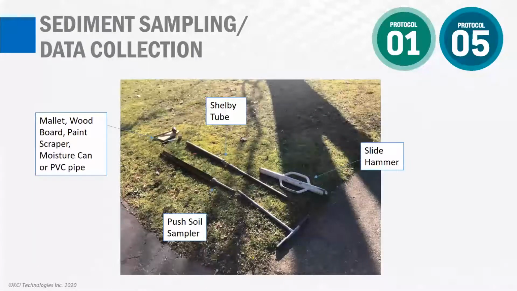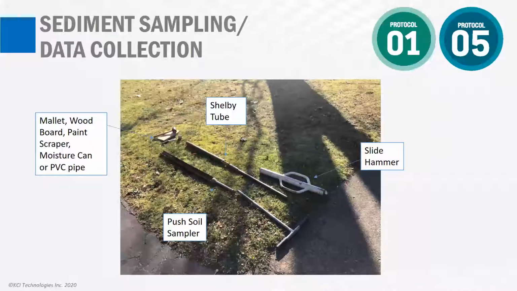So using this tool, the sampling diameter and depth that the sample is sampled into the bank is important to note in order to really determine the volume. So an easier method may be using a moisture can or a PVC pipe and using a mallet to really get it into the bank, because in the end, you would end up with a known volume that's in a can or in a PVC pipe, which can easily be secured on either end, capped, and transported.